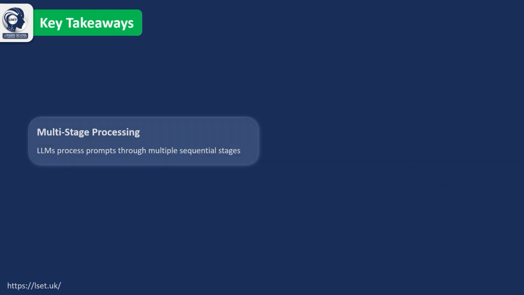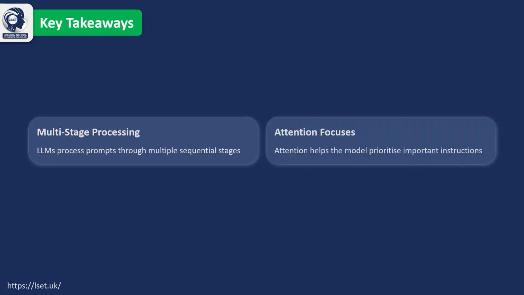Let's recap the key concepts from this module. First, remember that large language models process every prompt through multiple sequential stages, from tokenization and embeddings to transformer layers and response generation. Second, the attention mechanism helps the model focus on the most important instructions and context within your prompt.